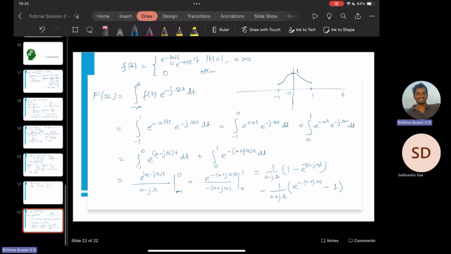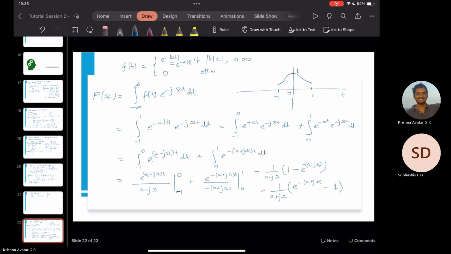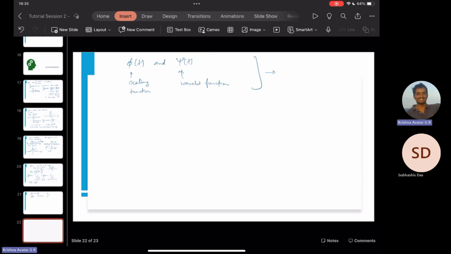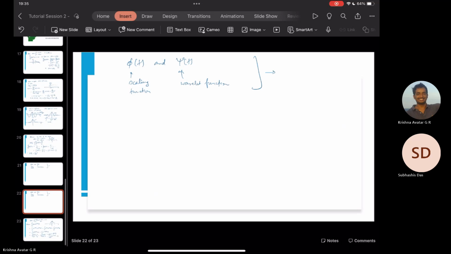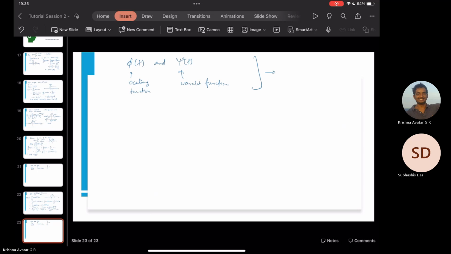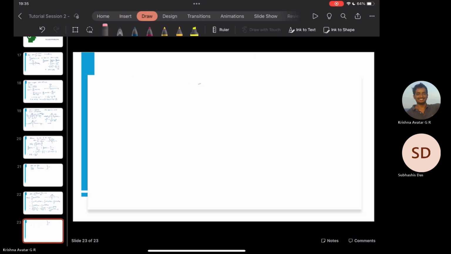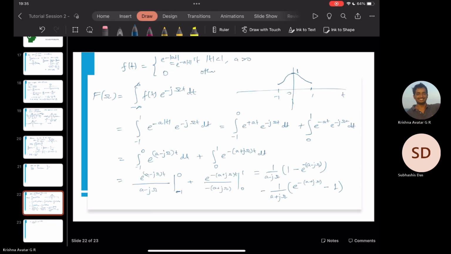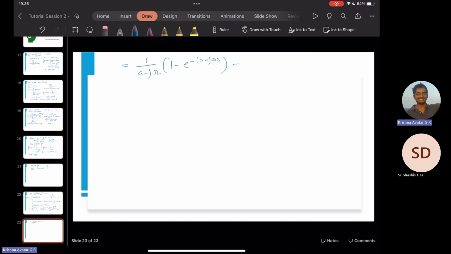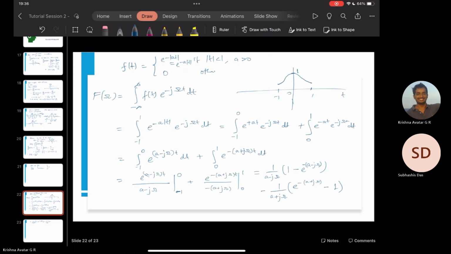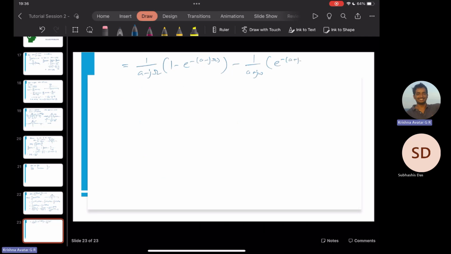Let's try to expand it further. The expression that we had, let me rewrite it: 1 by a minus j omega, and then 1 minus e to the power minus a minus j omega, and then minus 1 by a plus j omega, and then e to the power minus a plus j omega minus 1.